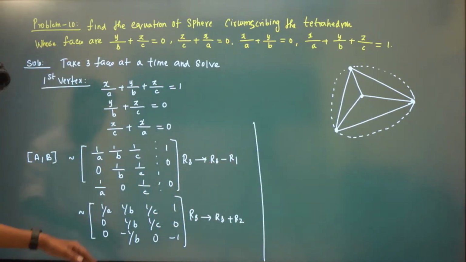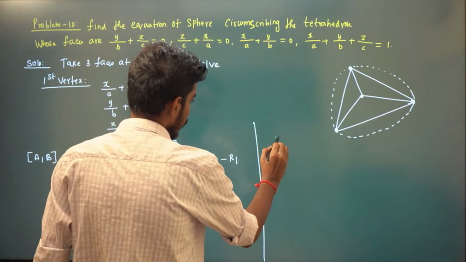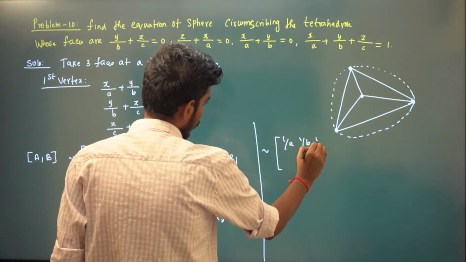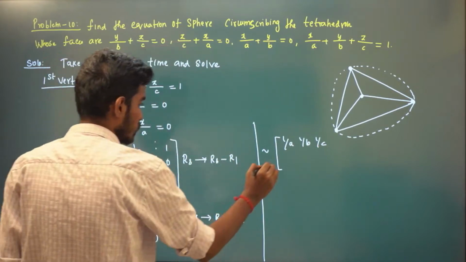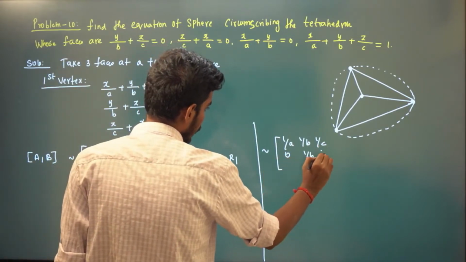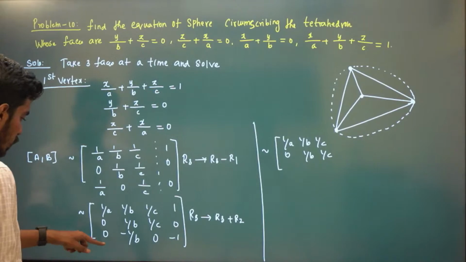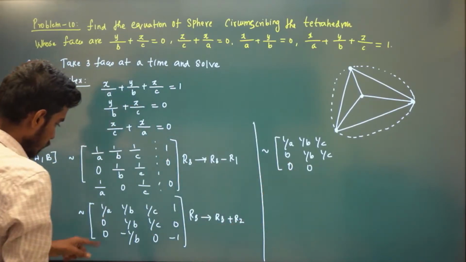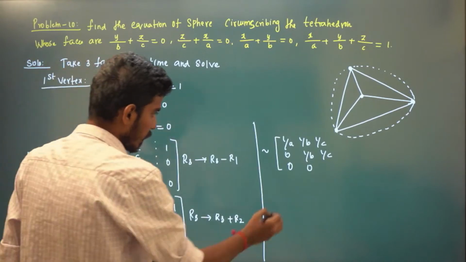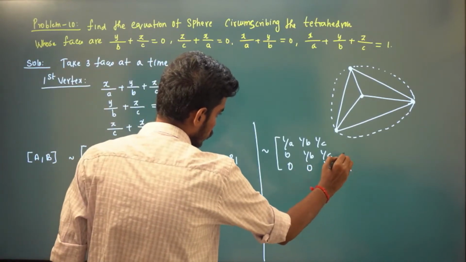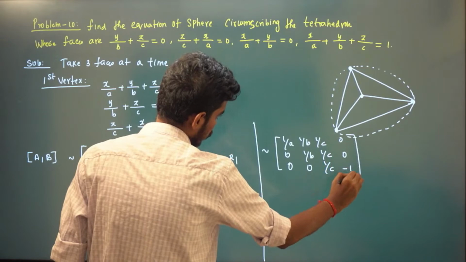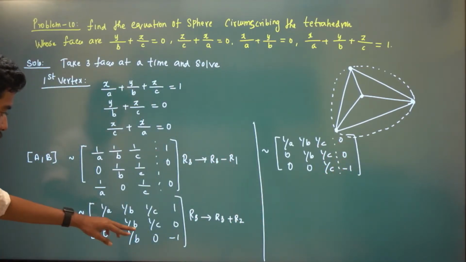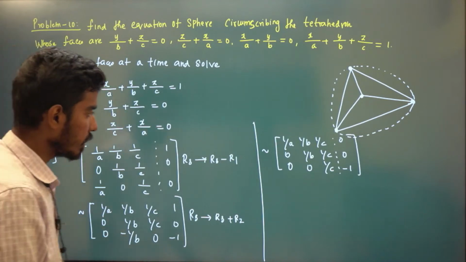This is equivalent to 1 by a, 1 by b, 1 by c; 0, 1 by b, 1 by c; and adding, we get 0, 0, 1 by c, minus 1. Now this is in row echelon form.